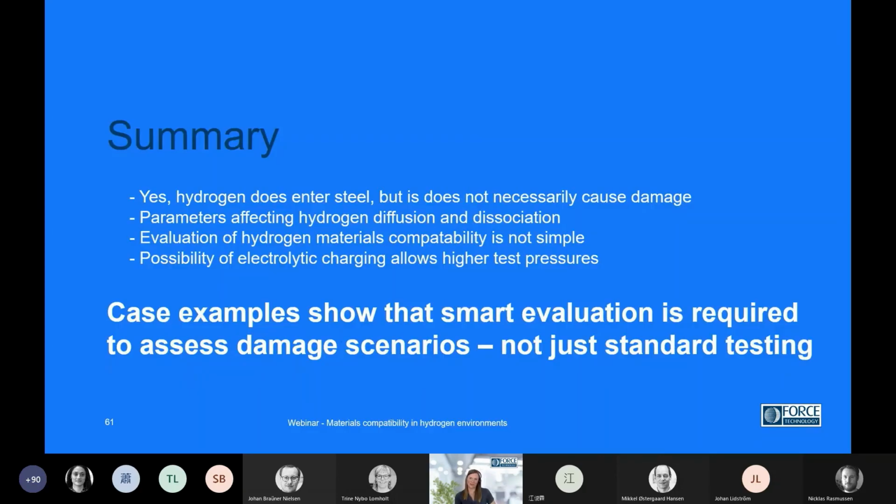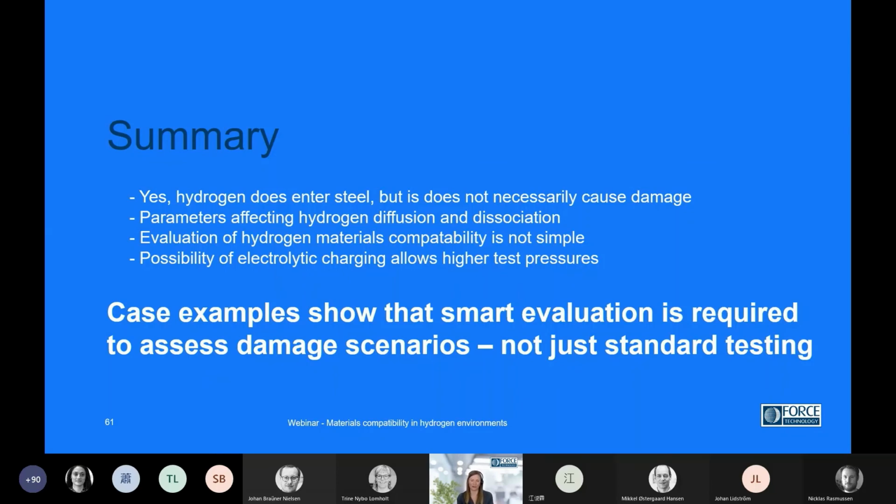I know it was a very long presentation, so just to sum up: yes, hydrogen does enter the steel to some degree, but it doesn't necessarily cause damage, and we need qualified evaluations to consider this. We have different parameters affecting hydrogen diffusion and dissociation at the surface. We may work with species inhibiting this, but again, it is not a simple yes/no question.